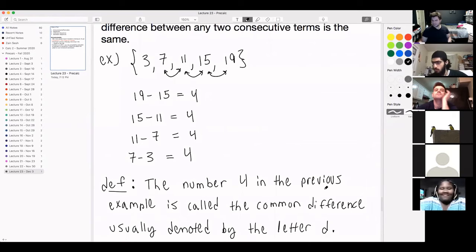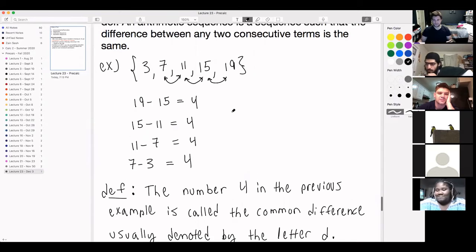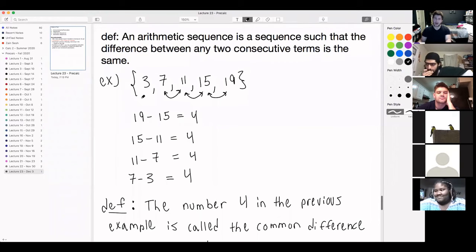So any questions here about why this is arithmetic? Can it also be just the sum instead of the difference? Yes. So be careful, not the sum between any two terms, because 7 plus 3 is 10, and 11 plus 7 is 18. But you need to add 4 to get to the next term.